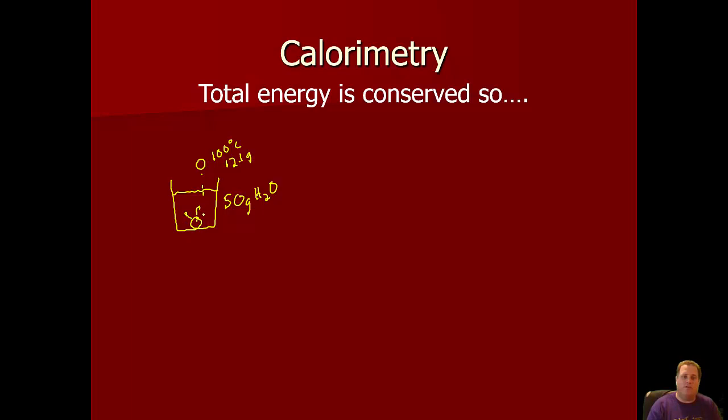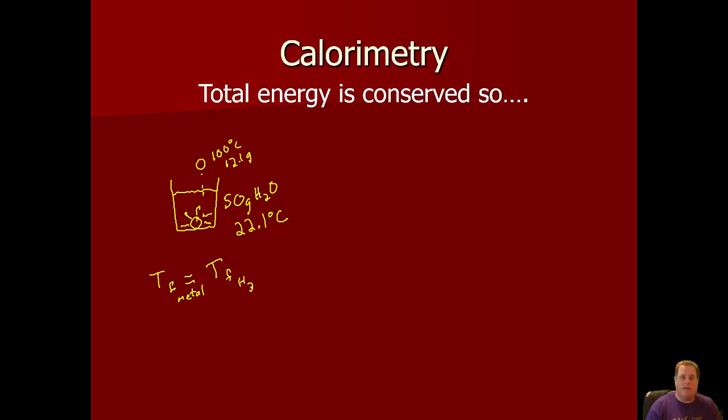Energy is going to flow from that piece of metal to the surroundings. We forgot to give the water a temperature. Let's say it's around room temperature at 22.1 degrees Celsius. One thing we know for sure is that the final temperature of both of these things has to be equal. So T final of the metal has to be equal to T final of the water.